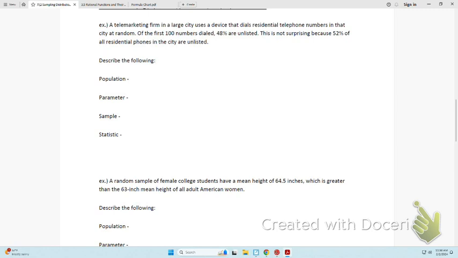So our population of interest on that first example is all residential telephone numbers in a large city.